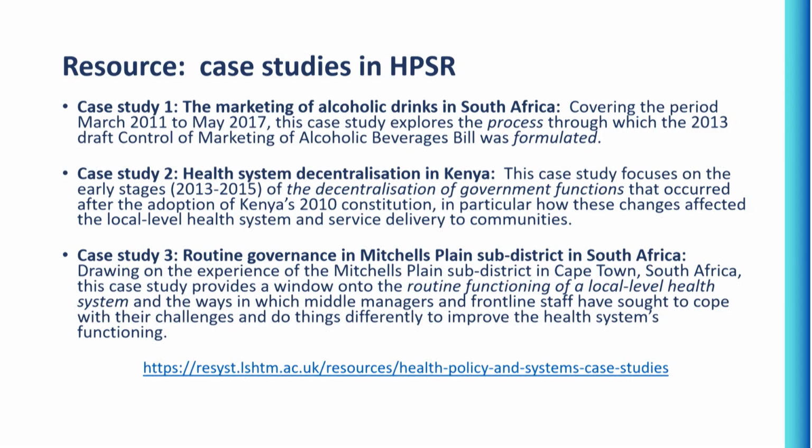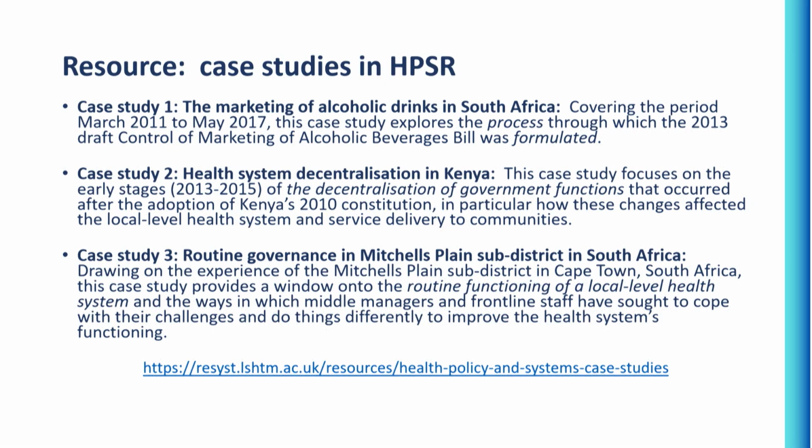Yeah. The second one is about health systems decentralization in Kenya, focusing on early stages of decentralization of government functions that occurred after Kenya's 2010 constitution, to look at how the changes affected the local level system and service delivery. So the case study here is decentralization of government functions. Yeah.